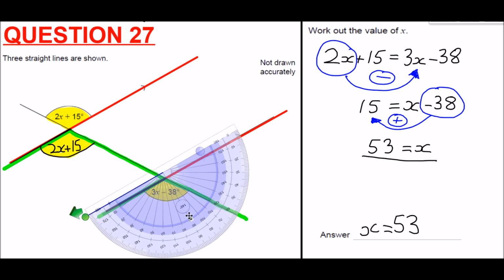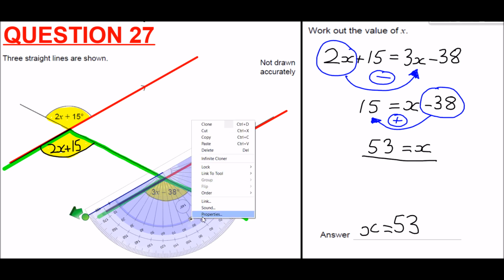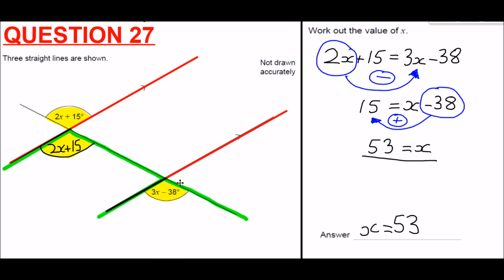So even though it does say not drawn accurately, and even though I'll say again, I'm not recommending you do it unless it's a last resort, you could measure the angles, because that might just give you a clue or a nudge. Something might just click in your brain. Maybe they're equal. Maybe 2x plus 15 is the same as 3x minus 38.